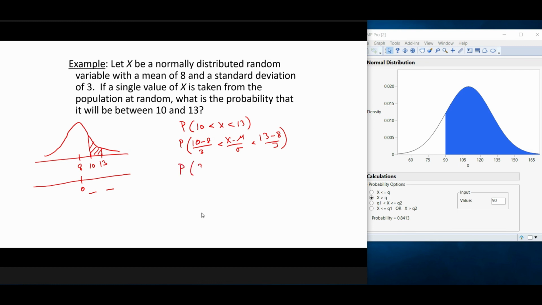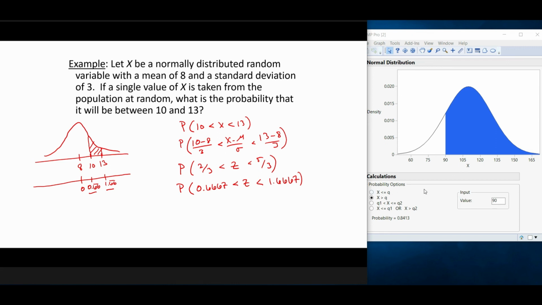So that is 2/3 is less than my standard normal is less than 5/3. So 2/3 is 0.6667 repeating, less than z, and 5/3 is 1.6667 repeating. So what I'm looking for is the area of a standard normal that's between 0.67 and 1.67.